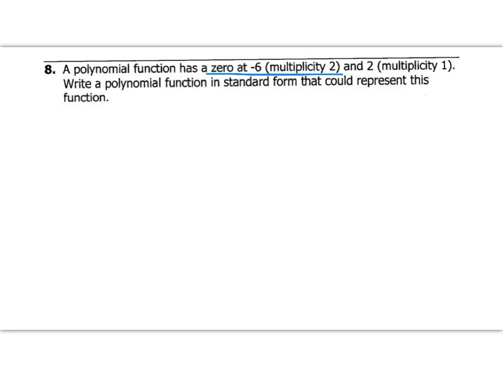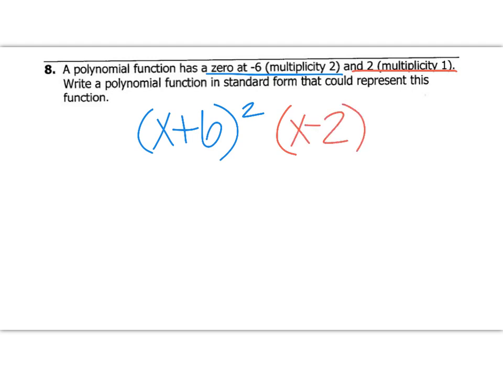If the 0 is at negative 6, the factor is going to be x plus 6, because it's going to be the opposite. And we know it's multiplicity 2, so we have to square it. Then if the 0 is at 2, the factor would be x minus 2. It's always going to be the opposite. And it's multiplicity 1. So you can either put a 1 there, or you don't even have to put it.